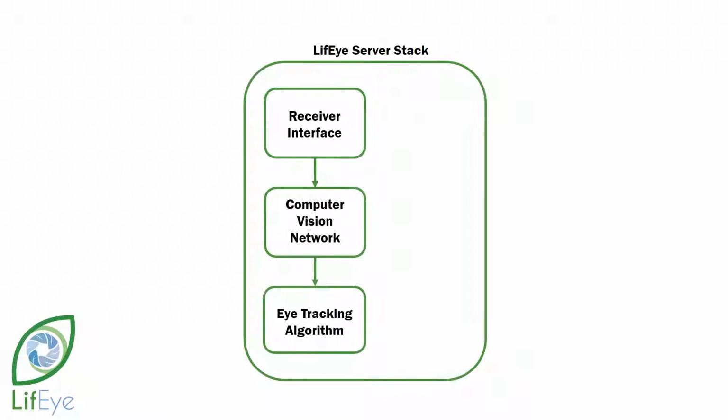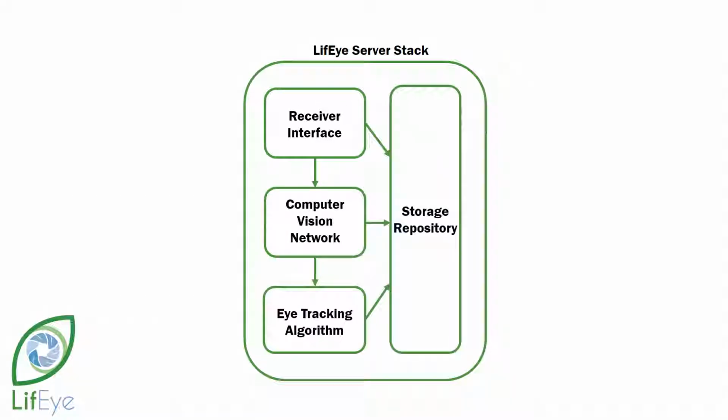The algorithm will interpret points within the regions of interest and perform calculations to produce points of vision. The storage repository takes information from each of the previous parts for use by client interfaces. It also keeps a client's account information to provide a basis for a developer-only administration site.